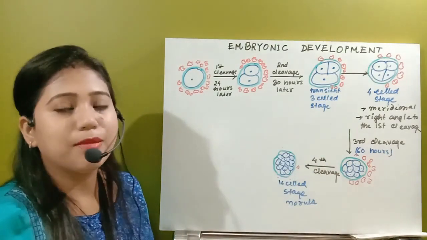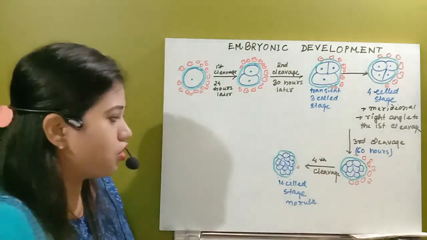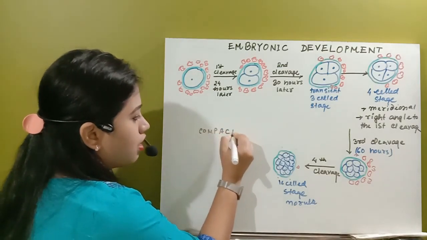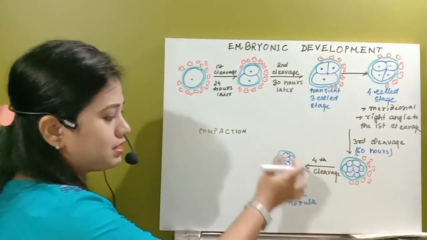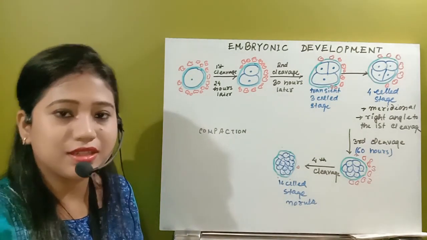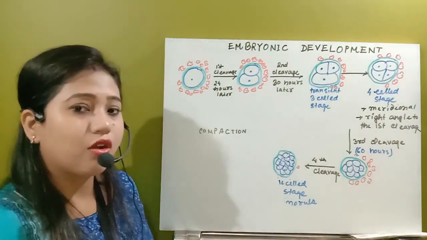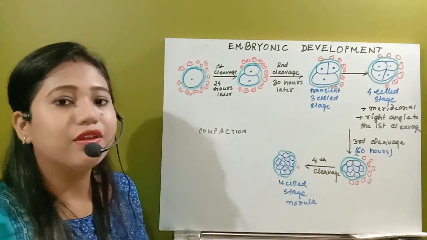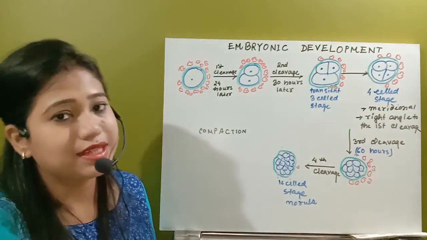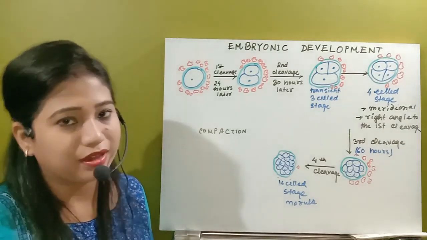Here a very important reaction is happening, that is compaction. So you can see what compaction actually is. Compaction means in this stage the cells which are smaller in size go to the periphery, and the cells which are of large size remain inside. This rearrangement of the cells we call the compaction reaction.